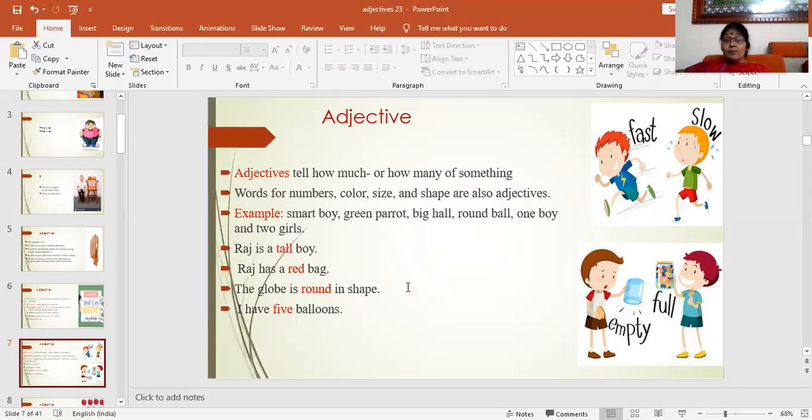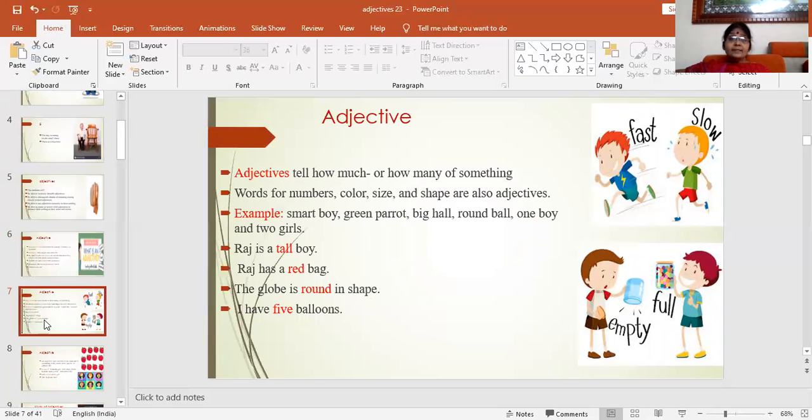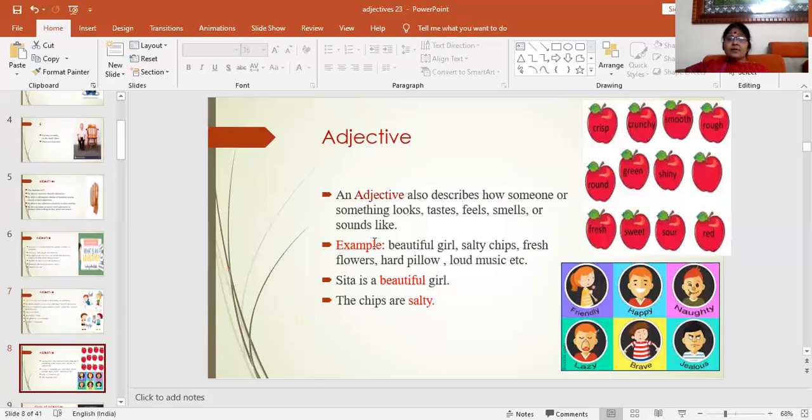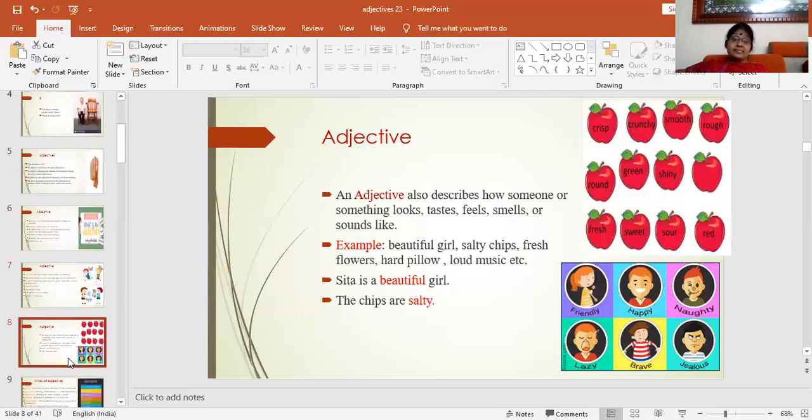So it will tell about numbers, colors, size and shape. And then they not only describe that, but they also tell how something looks, fresh, how something tastes, how something feels, or how something smells. For example, beautiful girl, salty chips, or fresh flowers, hard pillow, loud music, etc.